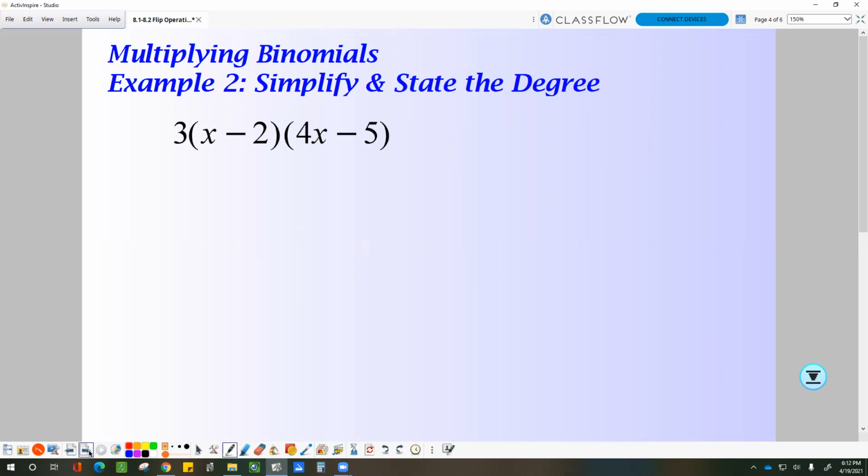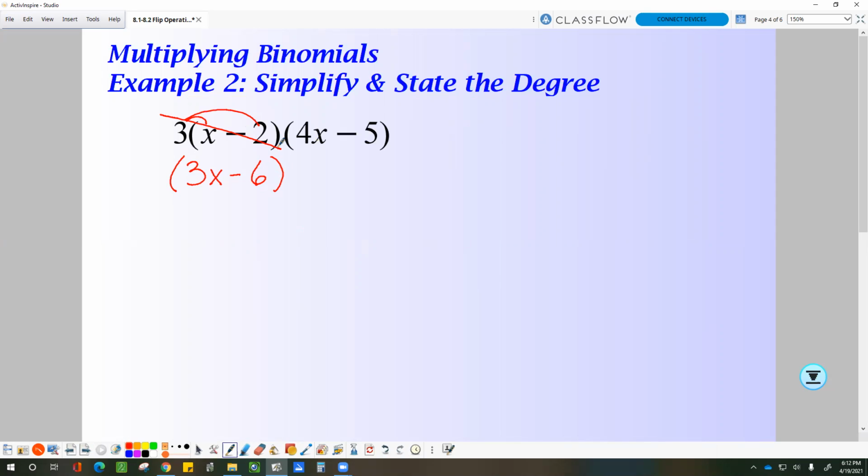It doesn't matter which one you multiply the 3 into. I'll use the first one that's right beside the 3. I would then change this to 3x minus 6 when I distribute here. Okay, so this is rewritten. I don't need that part anymore.